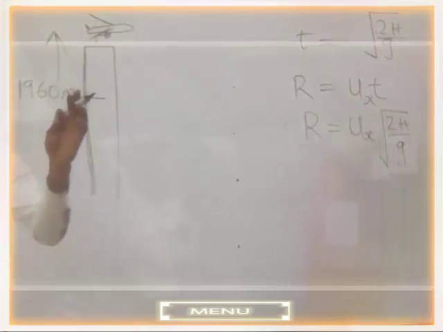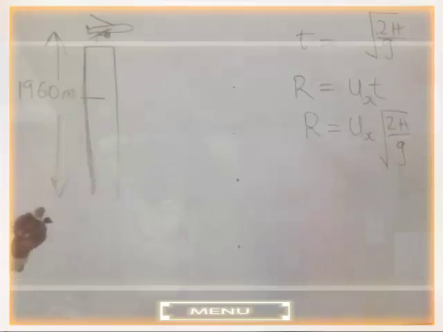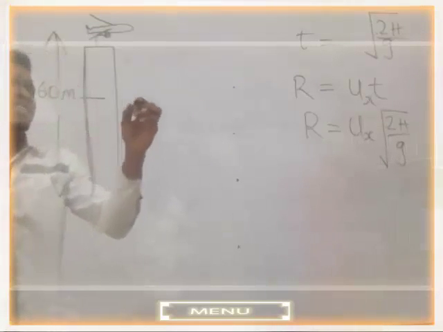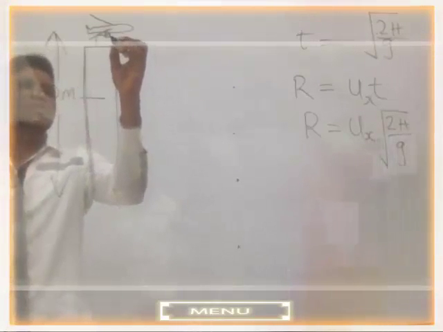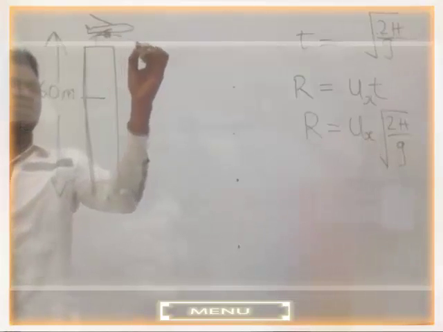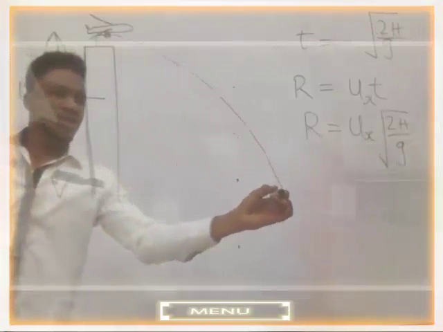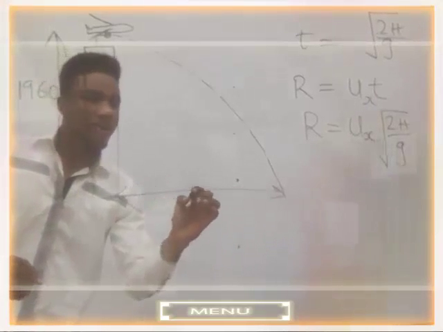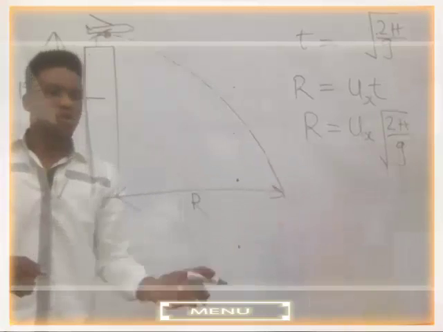Remember, we have to convert to standard international units. This is the height, and we want to find the range, the horizontal distance the bomb travels before it drops.